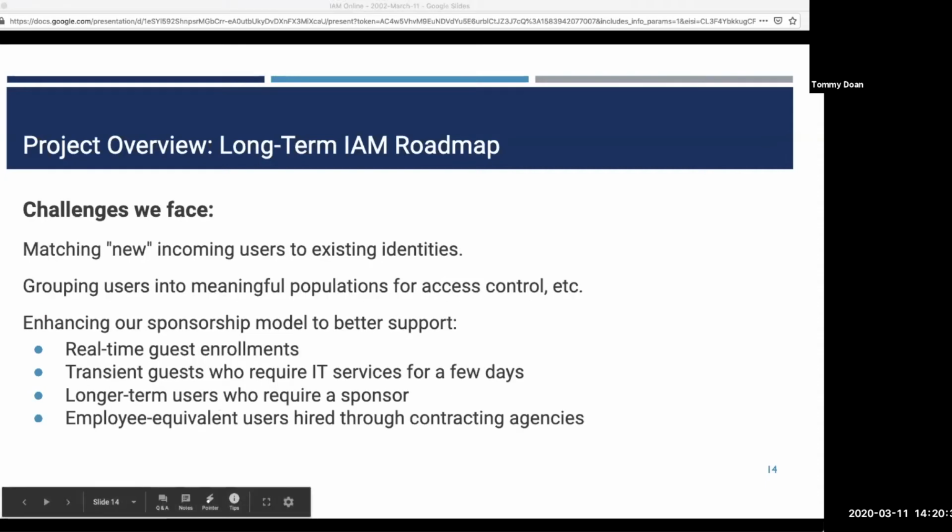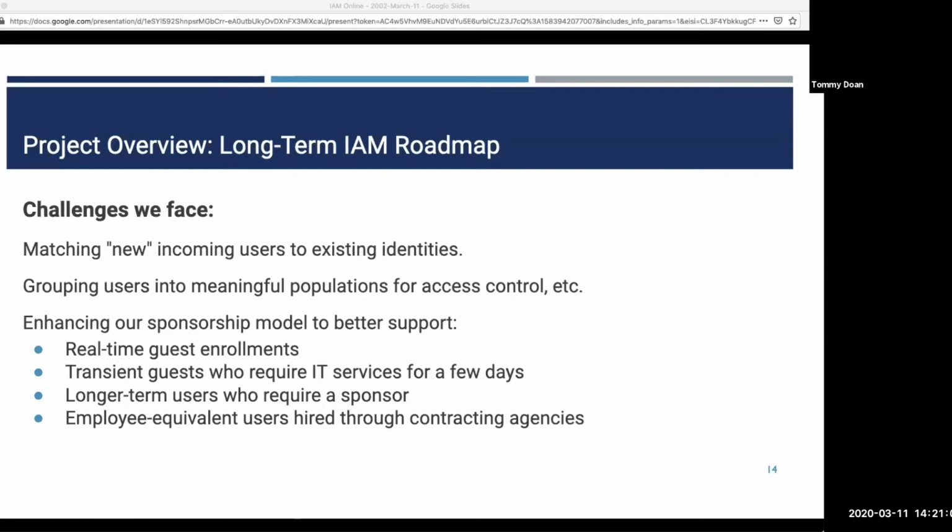So some of the challenges that we foresee in transitioning to a new model will be ingesting those identities from multiple sources of record and dealing with matching identities from any two systems and not creating multiple identities in our central identity store for the same person.